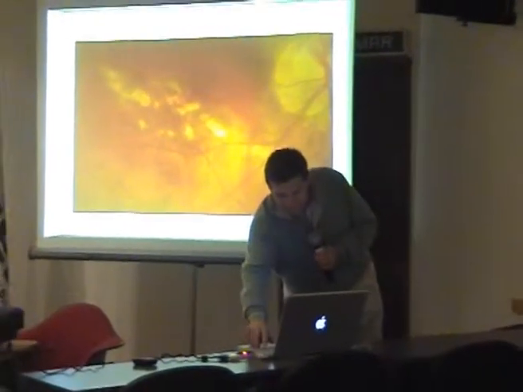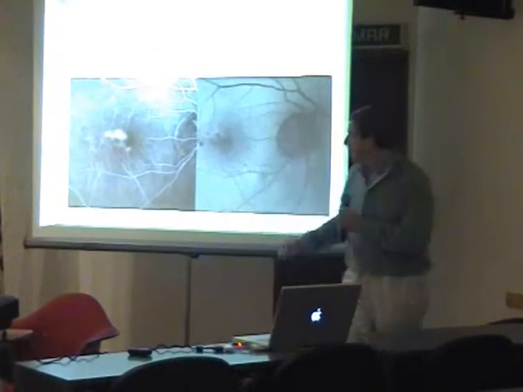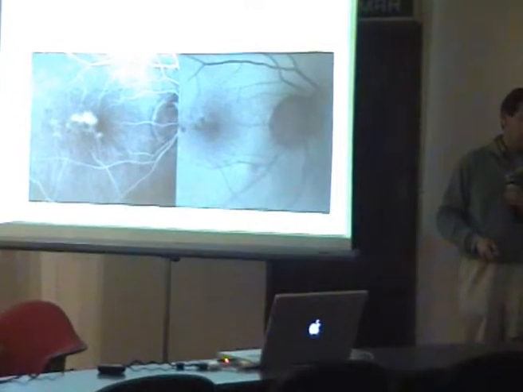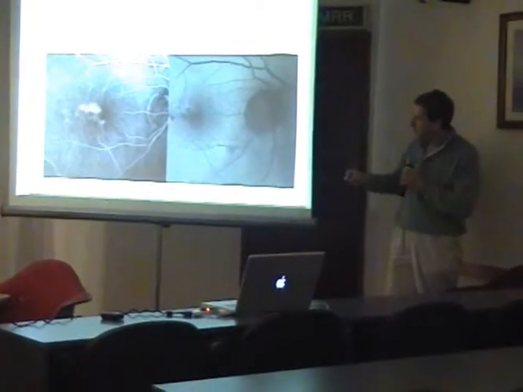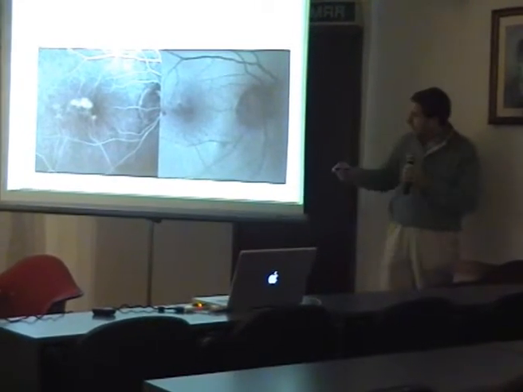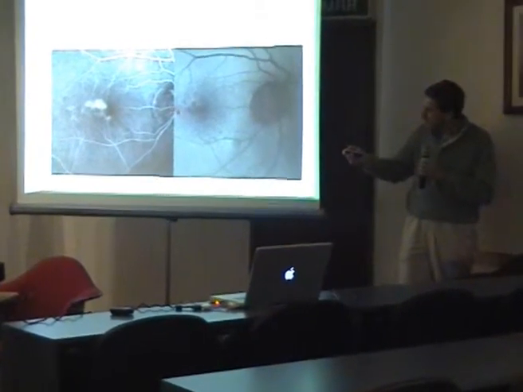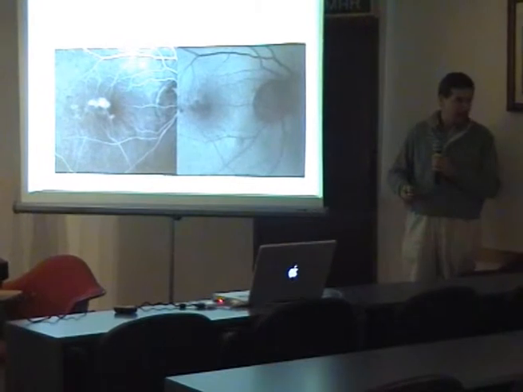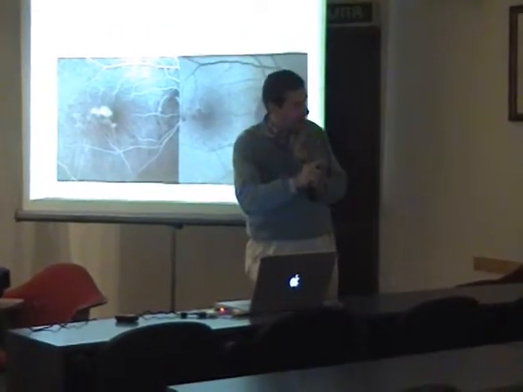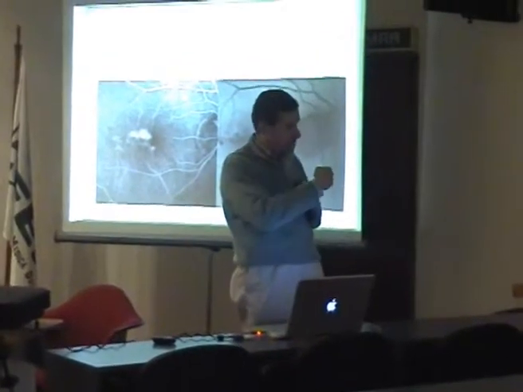Now, I will show you the fluorescein before and the autofluorescence before. As you know, atrophic changes of the RPE are visible in autofluorescence here and here, okay? But I will show you also the ICG that I'm used to take for myopic eyes.